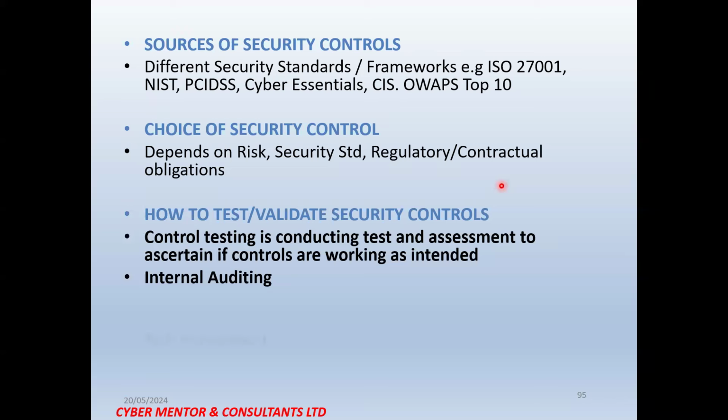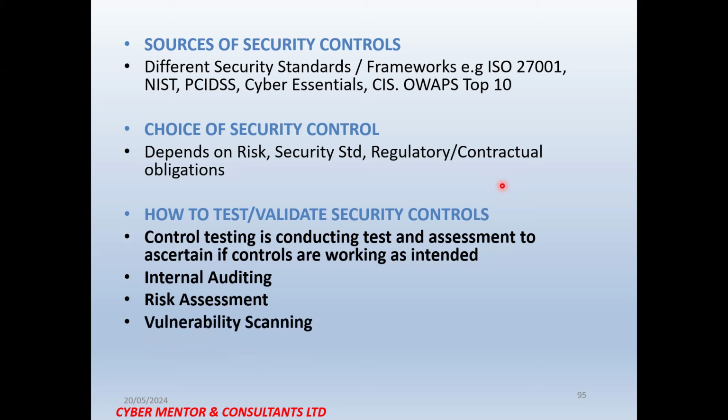It can be through internal auditing, or through risk assessment, like we mentioned on the previous slide. To test control, you could assess risk to see if this risk is still available, if it's still high. It could also be through vulnerability scanning.